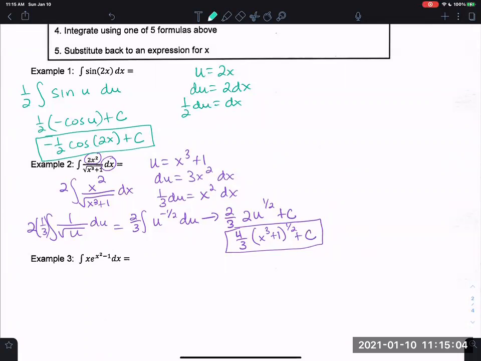But what I would suggest on the second example is that if ever you're faced with a constant that you can bring out front, that is probably the best habit to form. So I have this 2x squared in the top. That 2 can be brought out front of the entire integral, which is what I did before I started.